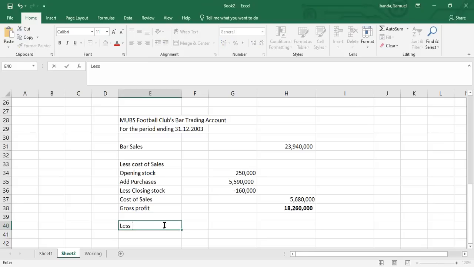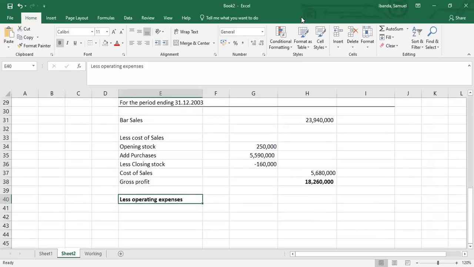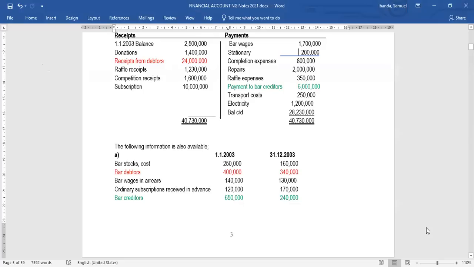So less operating expenses. Here we look at only operating expenses that relate to the bar. Remember, we want to just determine how much profit we have gotten from the bar. So let's just go back to our question and see what are some of the expenses we have and record them accordingly.